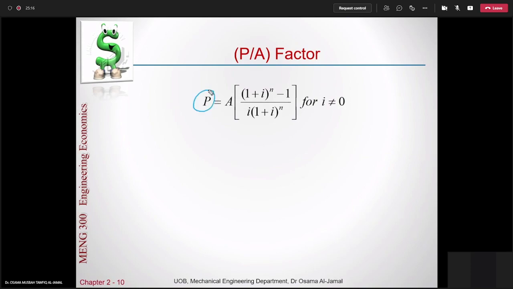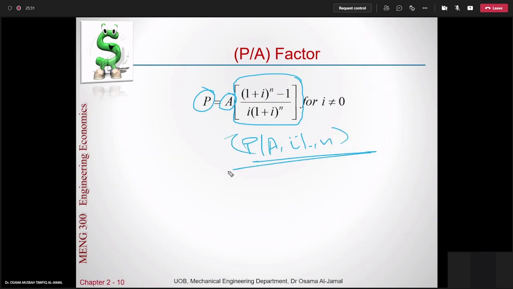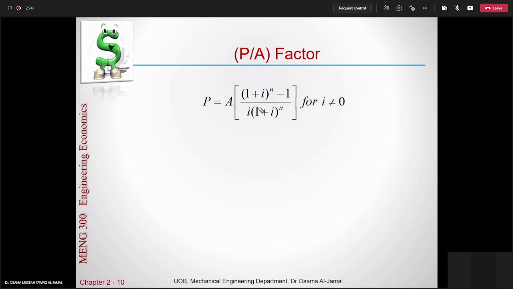It's like finding a P for a given A. The part which is in here is P given A, I%, N. So the factor formula for it is just what we have here. If you multiply by that A, it will give us that P.